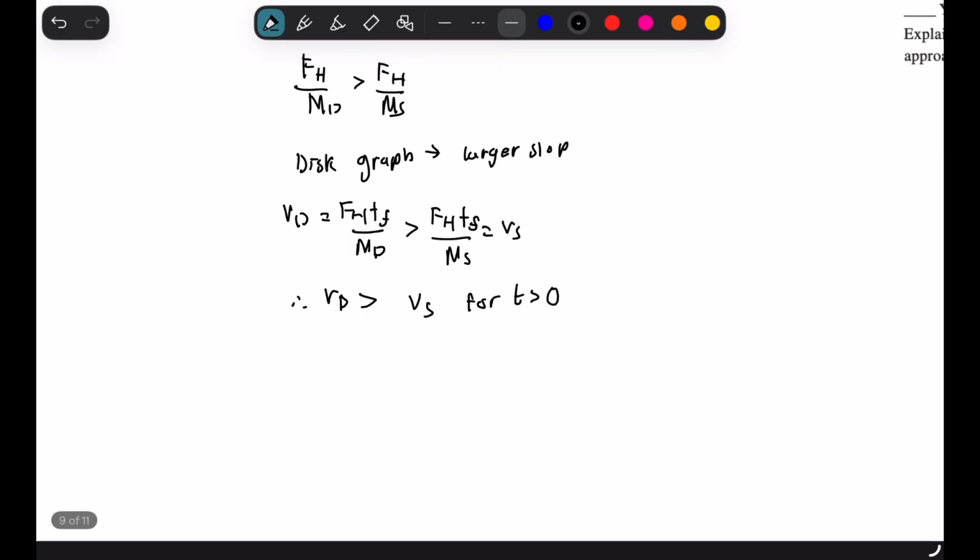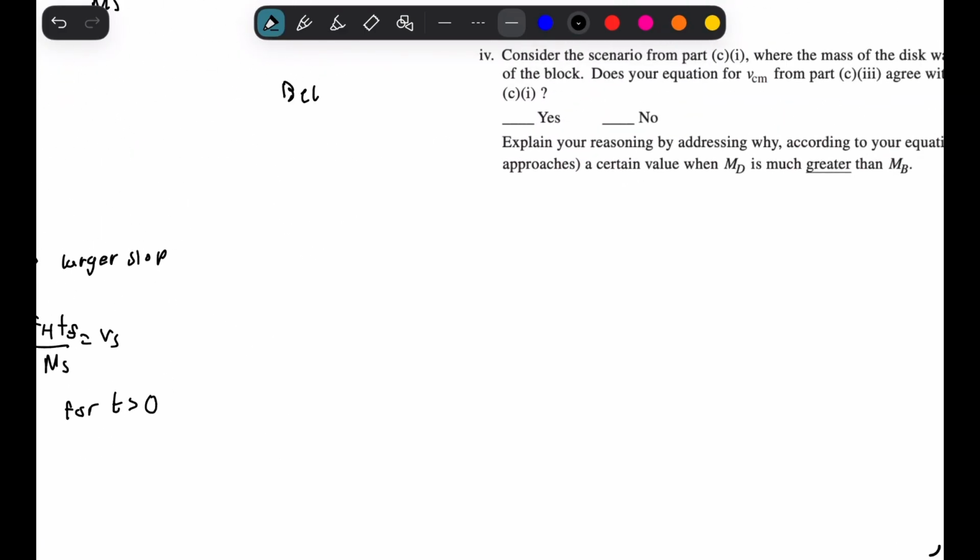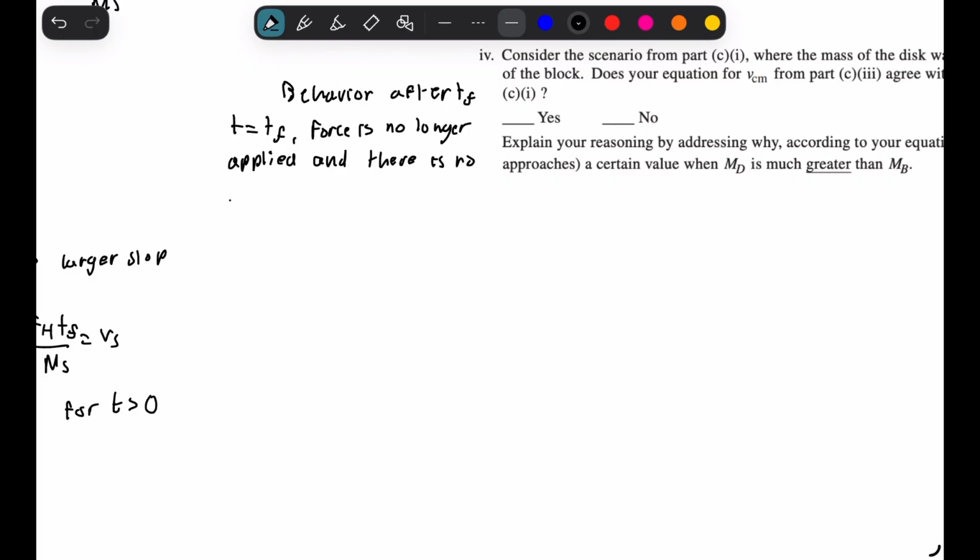Now, what about our behavior after TF? Well, when we're at t equal to TF, the force is no longer applied, and there is negligible friction.